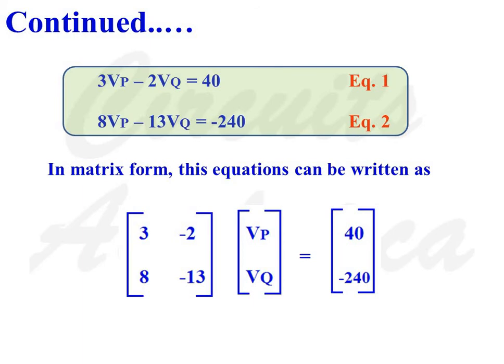In matrix form, these equations can be written as [3, minus 2; 8, minus 13] times [Vp; Vq] is equal to [40; minus 240].